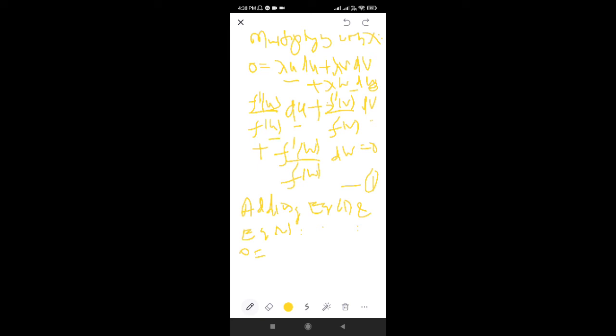Here I am writing f prime of u by f of u. Here also you are having du, dv, dw, so you may take common, plus next I am writing this lambda u. Adding du terms, outside I am writing du as a common term.